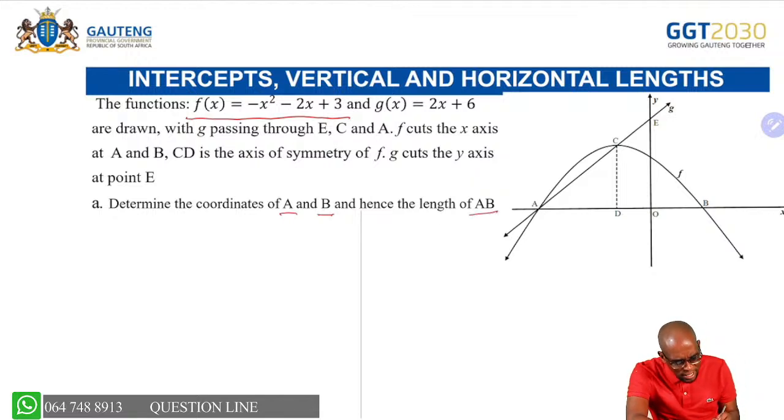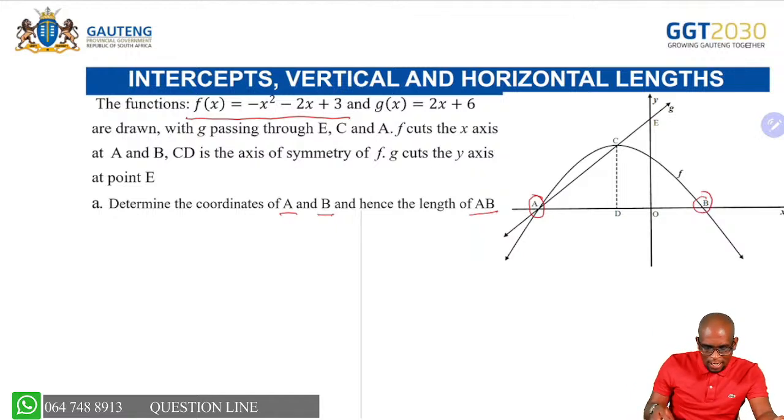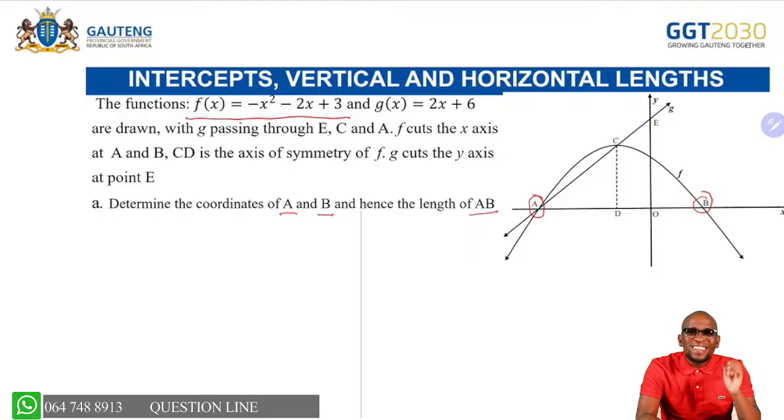Now let's look at A and B. If you look at A and B, they represent the x-intercepts of what? The parabola. But A is a common x-intercept because it is both an x-intercept of the parabola and an x-intercept of a straight line. So how do we find the x-intercept?